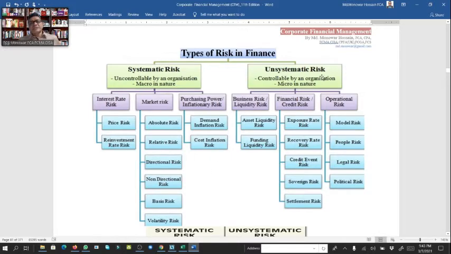And unsystematic risks that we can control: business risks, liquidity risks, asset liquidity risks, funding liquidity risks, and financial risks or credit risks, exposure rate risks, recovery rate risks, credit event risks, sovereign risks, and settlement risks. And operational risks: model risks, people risks, legal, etc.